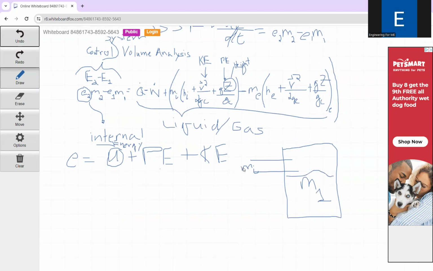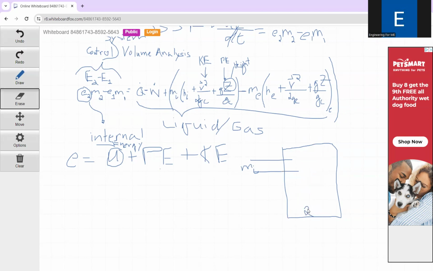And there's going to be an M going into the system. And then at a certain time, it's going to be fuller, it's going to be higher up, or it'll have more gas in it. So the M2 will be different.